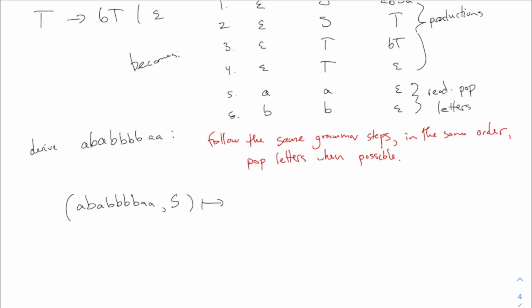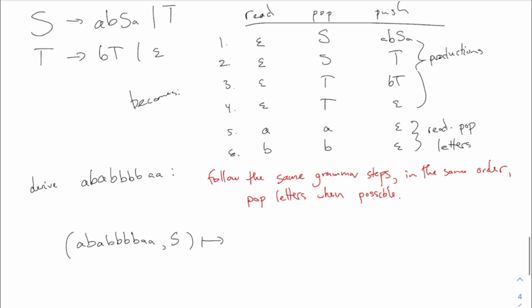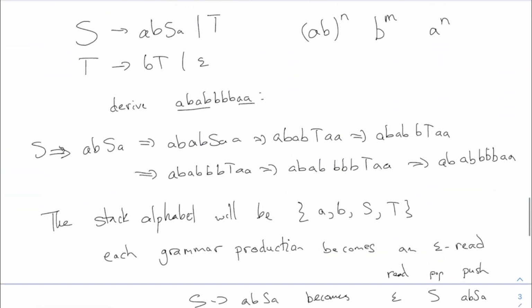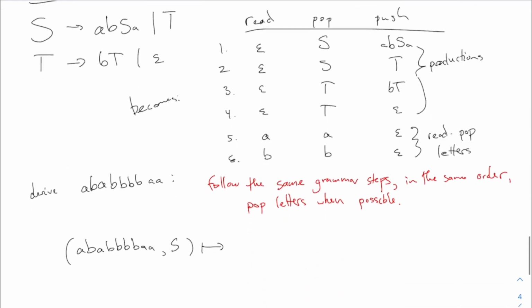So what shall I do first? I have S on the stack, so really there's two choices. I could do rule number 1 or rule number 2. I'm going to do rule number 1 because, if you recall, when I was doing the grammar, I did the first grammar step. In fact, I did the first grammar step twice. So I'm going to basically do rule number 1 twice. I begin by doing rule number 1 here.